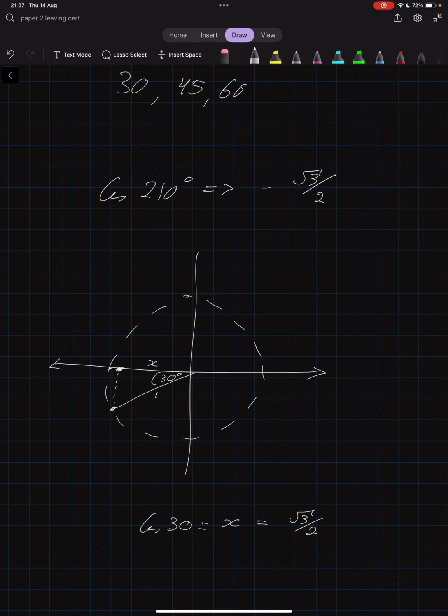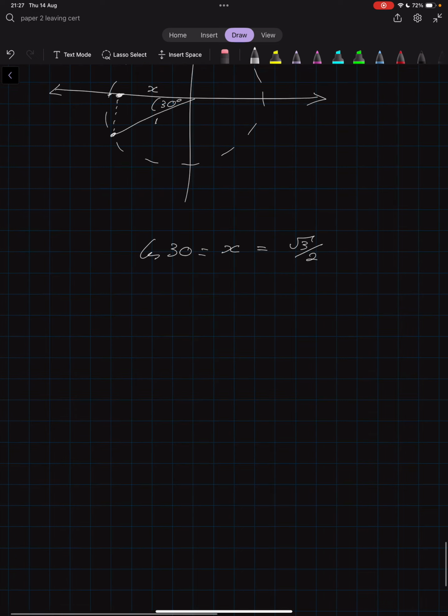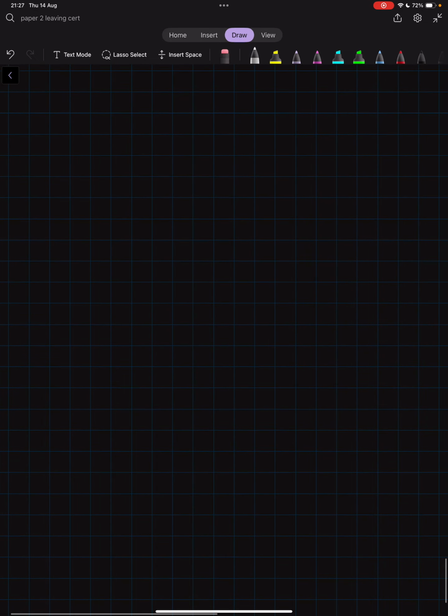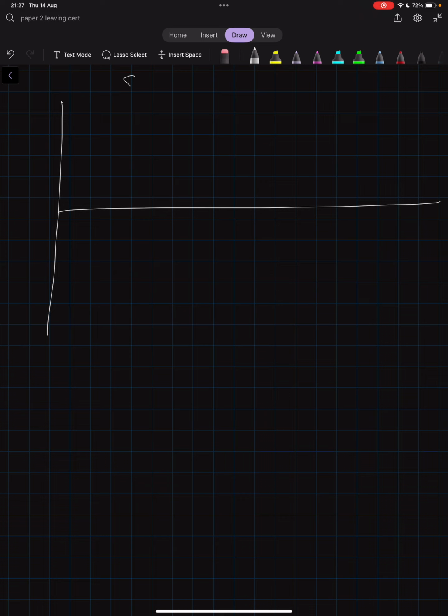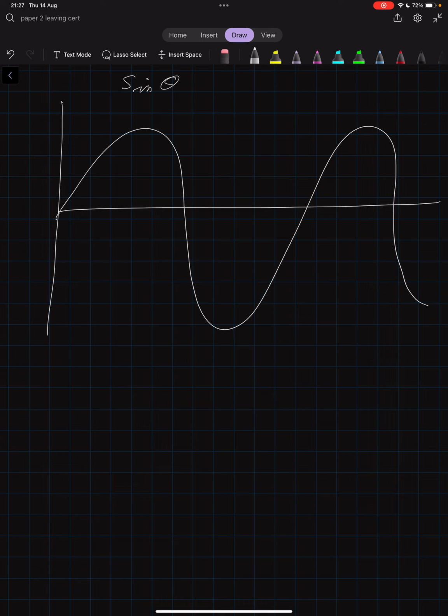The next thing that I want to do is go over basically graphing these. Okay? So if I graph sine theta, you get something that looks like this, where this height is 1 and this height is minus 1.